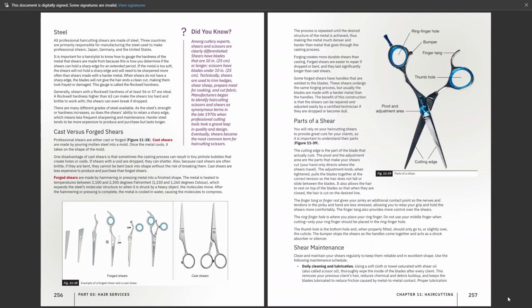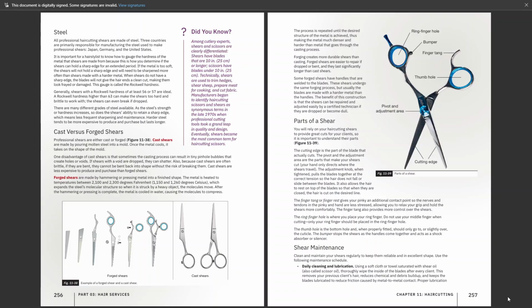Cast versus forged shears. Professional shears are either cast or forged. Figure 11-38. Cast shears are made by pouring molten steel into a mold. Once the metal cools, it takes on the shape of the mold. One disadvantage of cast shears is that sometimes the casting process can result in tiny pinhole bubbles that create holes or voids.